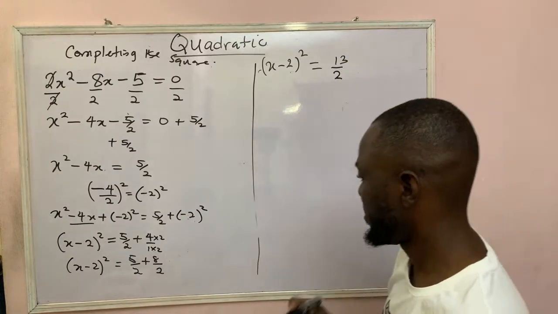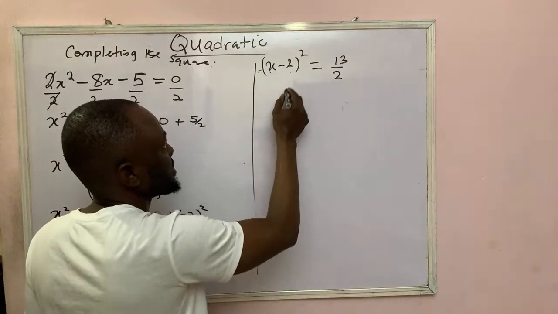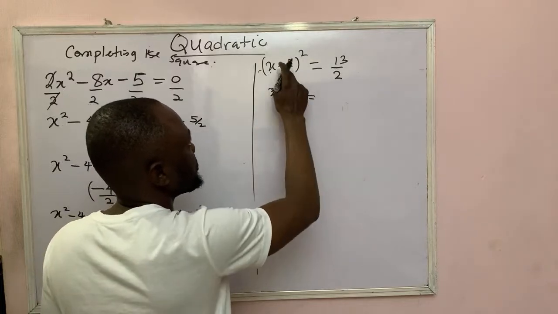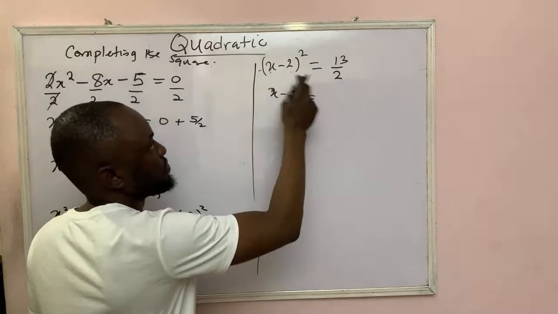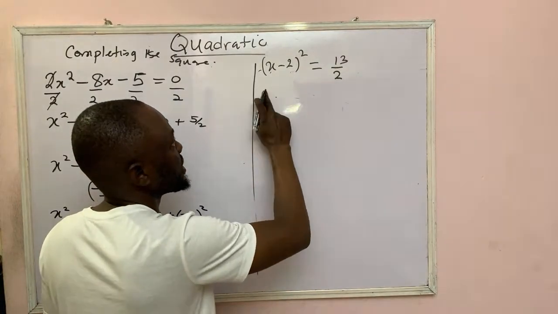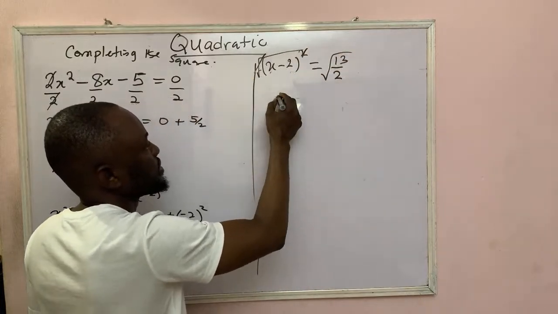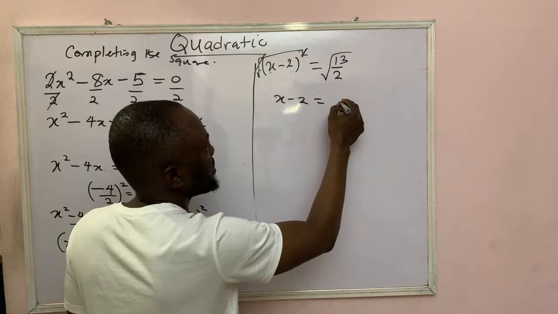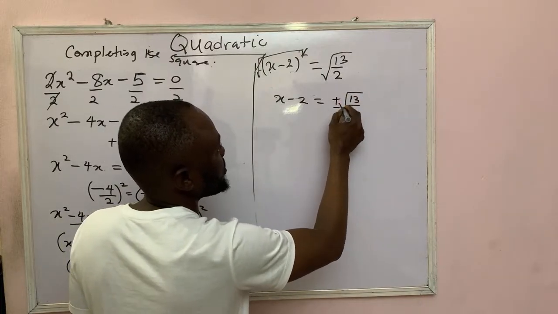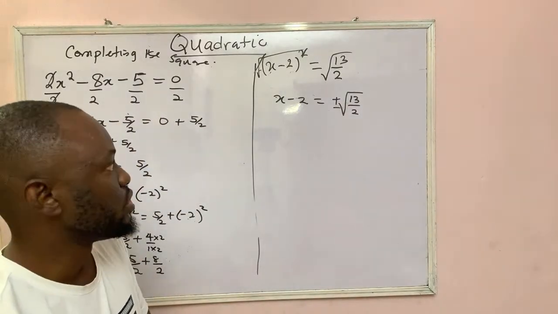All right. So now to get x, I'm going to find the square root of both sides. If you take the square root of both sides, the square root cancels the square. So x minus 2 will be plus or minus the square root of 13/2. When you want to find the square root of anything, it's going to be plus or minus.